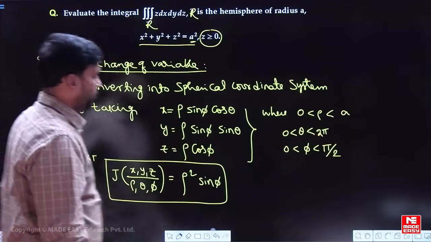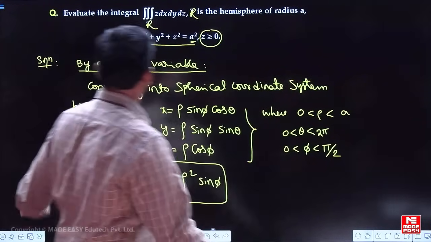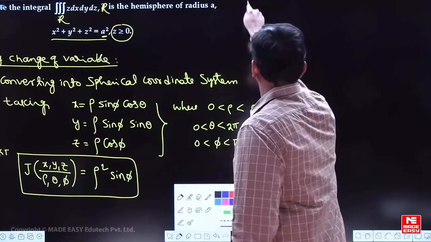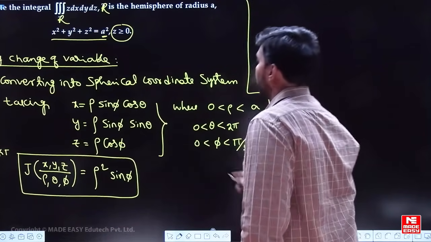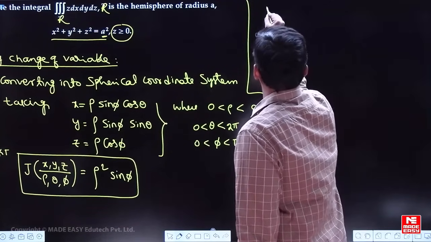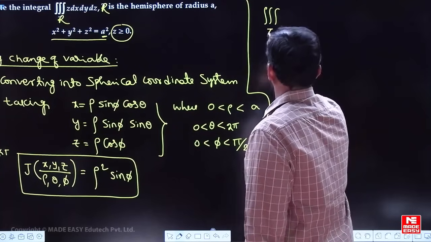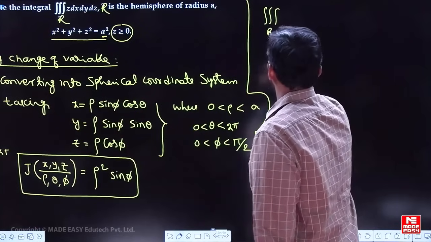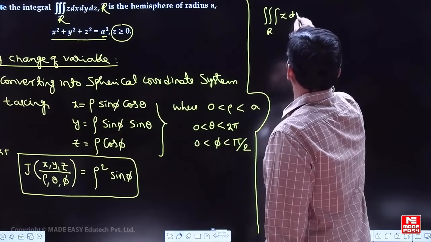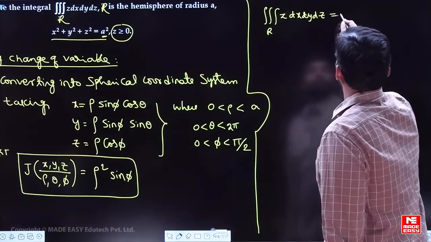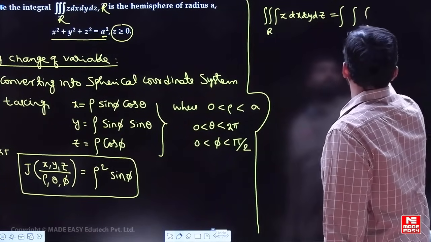Okay. Now let's move on. Right. So once I take this integral as triple integral of z, that is, triple integral of z dx dy dz, so this is given by, look carefully once.